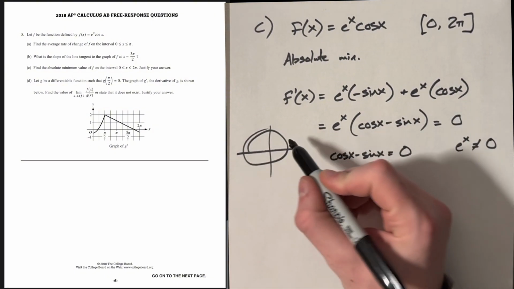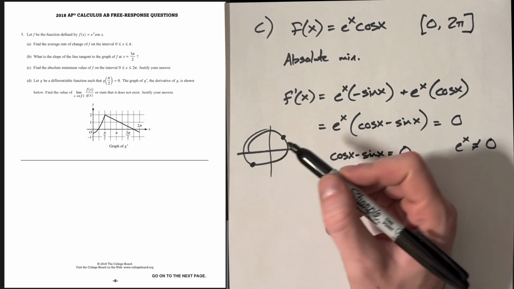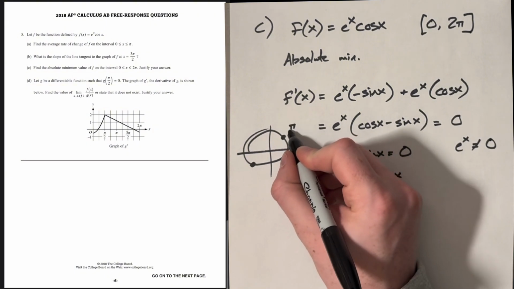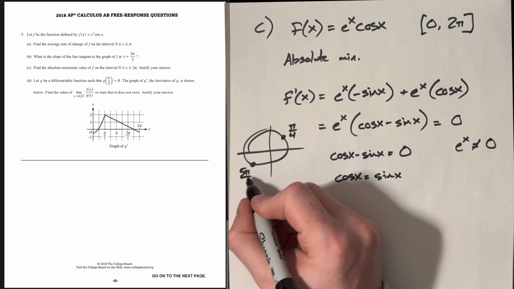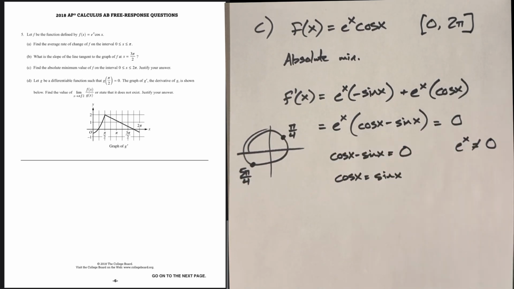But sine and cosine are equal to each other at 2 points. One right there and one right there. And those points are pi over 4 and 5 pi over 4. These are the points on the unit circle. At pi over 4, sine and cosine are both root 2 over 2. At 5 pi over 4, they're both negative root 2 over 2.